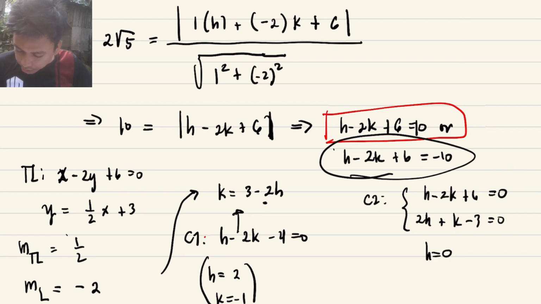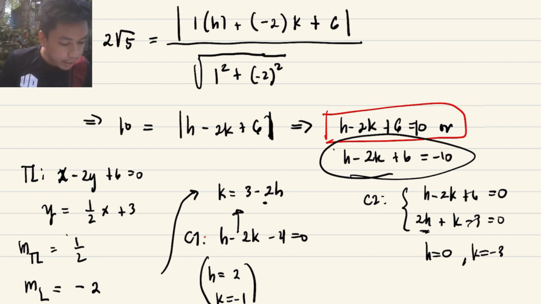Right? If you multiply this by 4, you have 4h plus 4k minus 6 and it becomes 0. So your h is 0 and so your k is -3. But our point here should be found in quadrant 4. It shouldn't be on the axis. So therefore, we only select 2, -1.